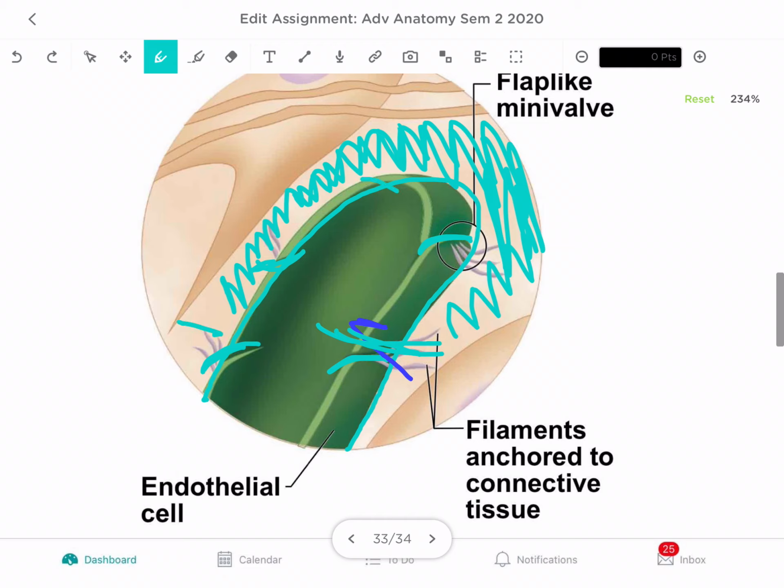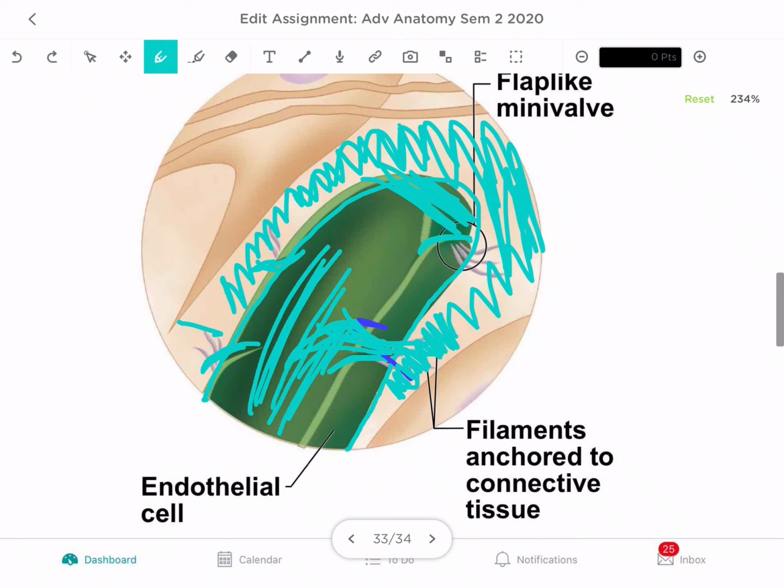So if you look here, they're actually closed at the top. They used to think they were open, but they're actually closed. And as this fluid builds up in here, it pushes these little valves open, and the fluid flows into the lymphatic vessel. And then your skeletal muscles contract all the time because you're moving around.